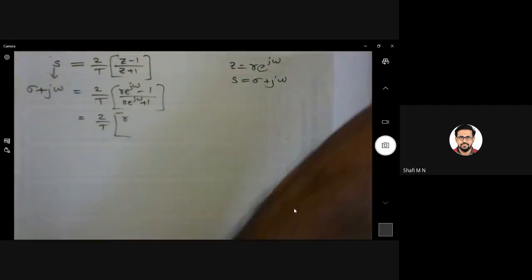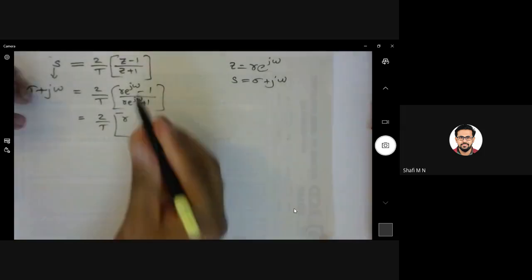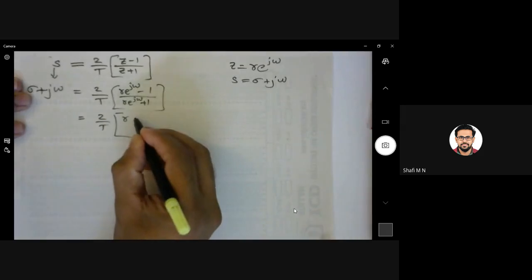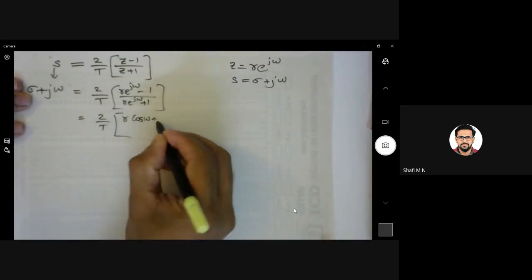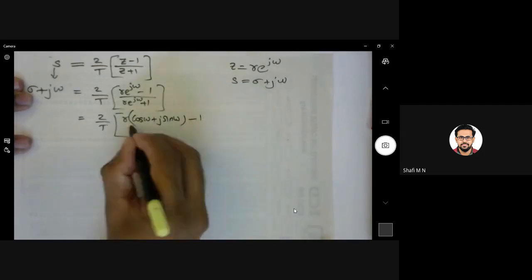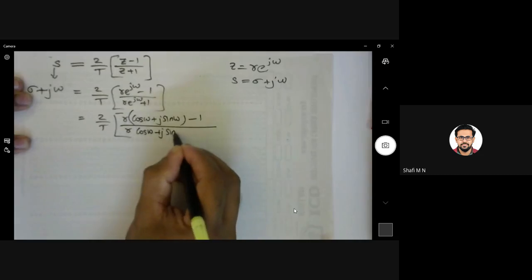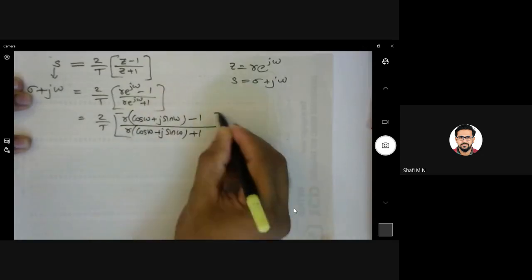So e raised to j omega can be replaced with cos omega plus j sin omega, minus 1 divided by r into (cos omega plus j sin omega) plus 1.